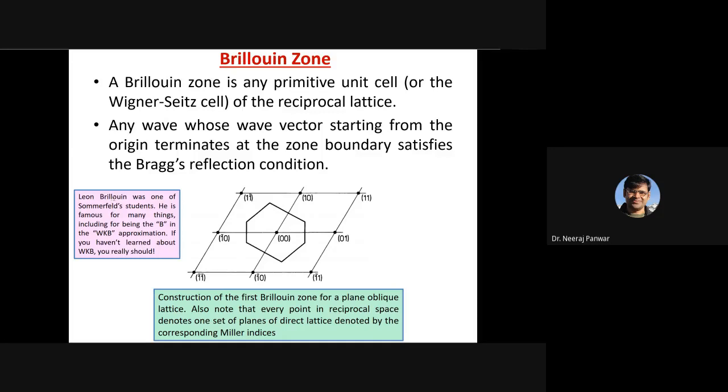So Leon Brillouin is also famous for, besides the Brillouin zone, Brillouin theory, other things like the WKB approximation. You might have studied it in quantum mechanics. Here B is also Brillouin. The WKB approximation provides solutions of the time-dependent Schrodinger equation.